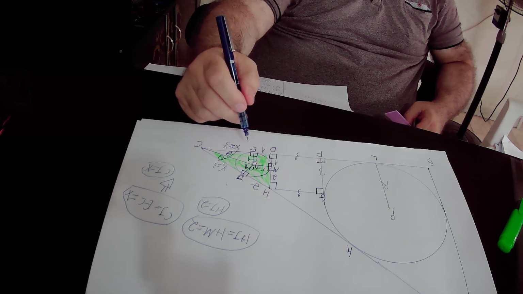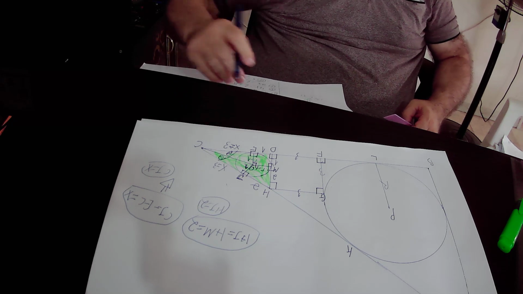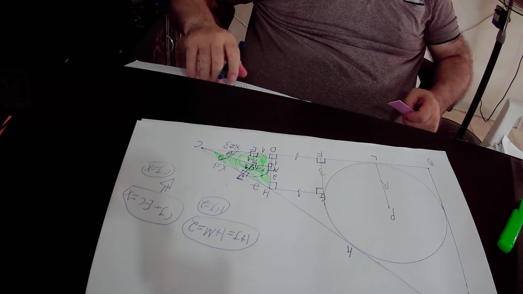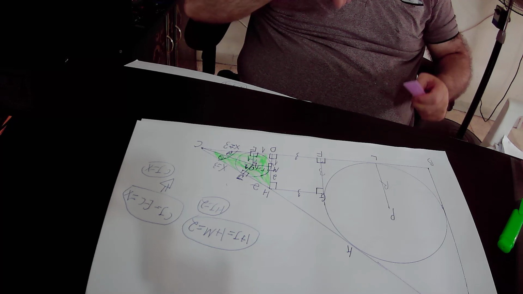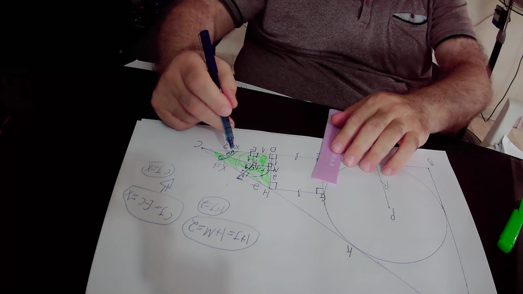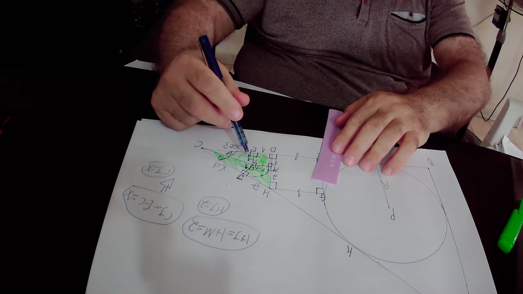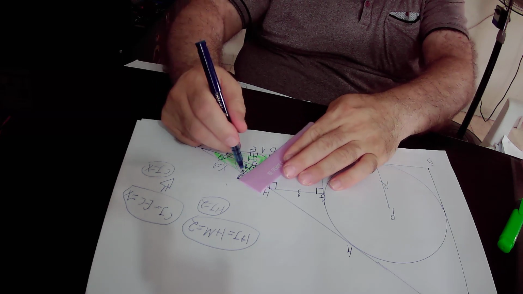In the next step, we will join points J and D together by a straight line.